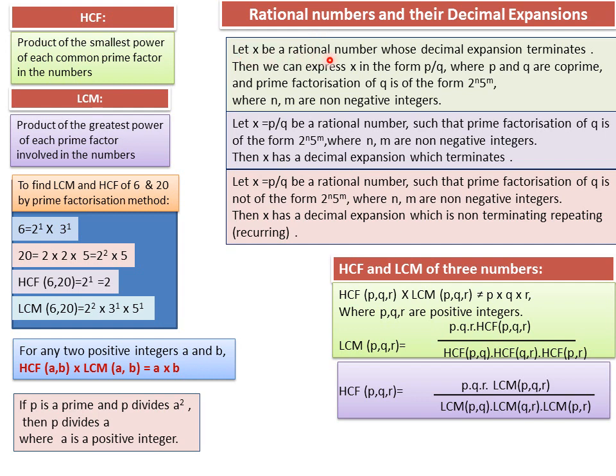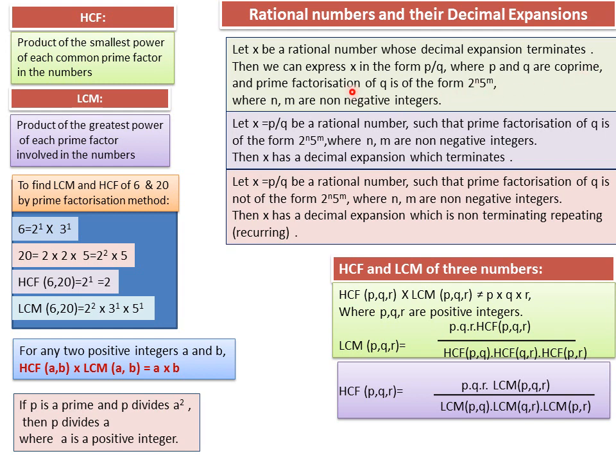So suppose x is a rational number, and the decimal expansion terminates. So it is a terminating decimal we are getting. Then x, as you know, in the rational number expressed in the form p by q, and if it is terminating, q will be of the form 2 to power n into 5 to power m, where n and m are non-negative integers and p and q are co-primes.